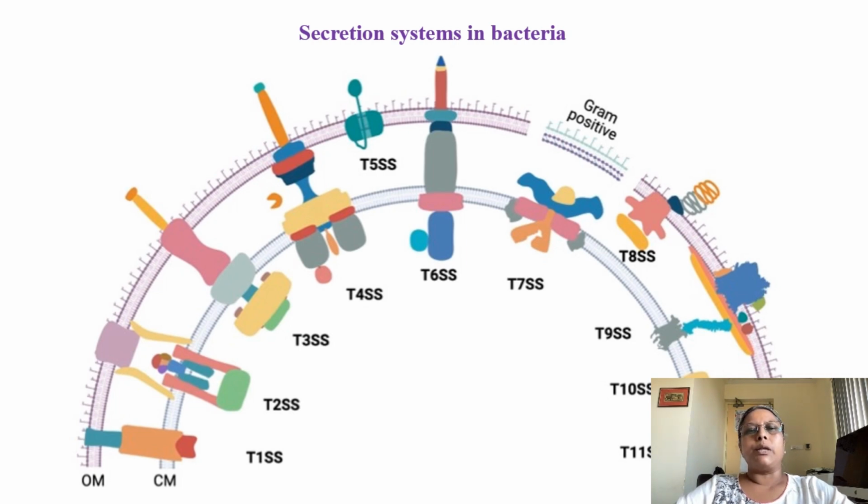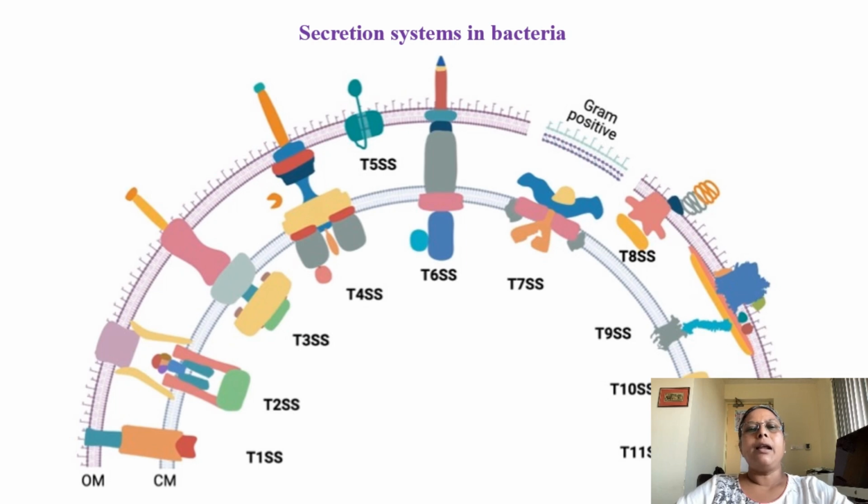For these autotransporters, the proteins must be unfolded prior to the outer membrane transport, and thus must be secreted across the inner membrane by the SEC pathway. So, once again to reiterate, while the type 2 secretion system utilizes proteins from either the SEC or the TAT pathway, the type 5 secretion system utilizes proteins which are secreted to the periplasm through the SEC pathway, because it is capable of secreting only unfolded proteins.